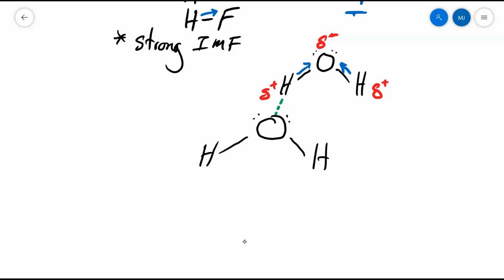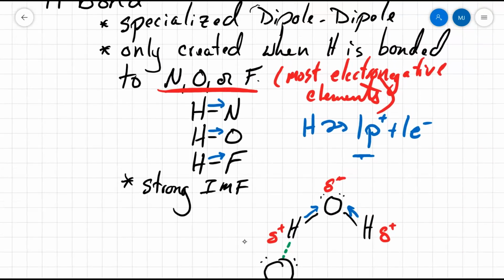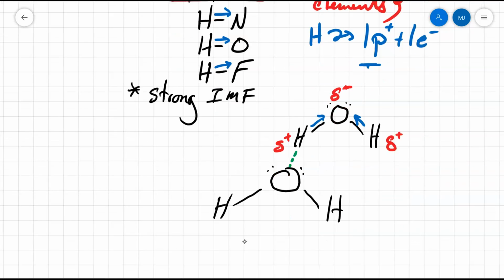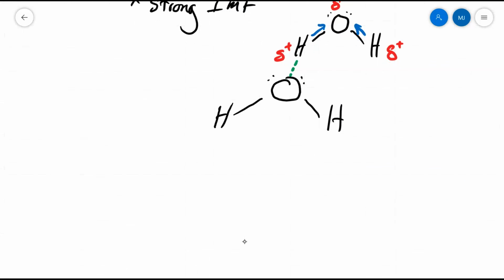It boils at 100 degrees, significantly higher than what we would have predicted based on just the periodic table, because the periodic table does not predict this unusually strong intermolecular force. Remember we said the stronger the force, the higher the boiling point?